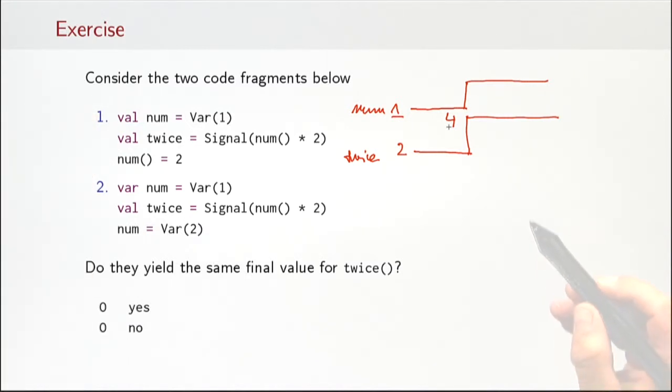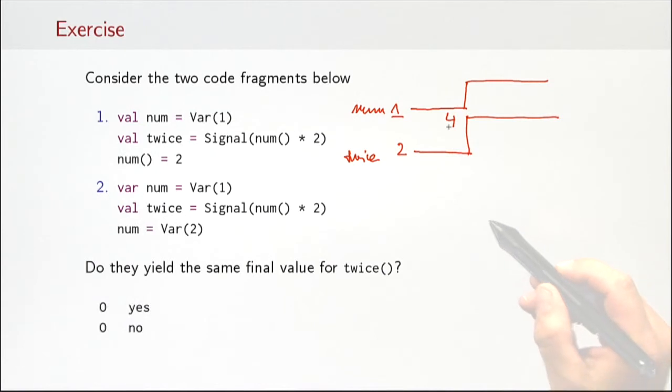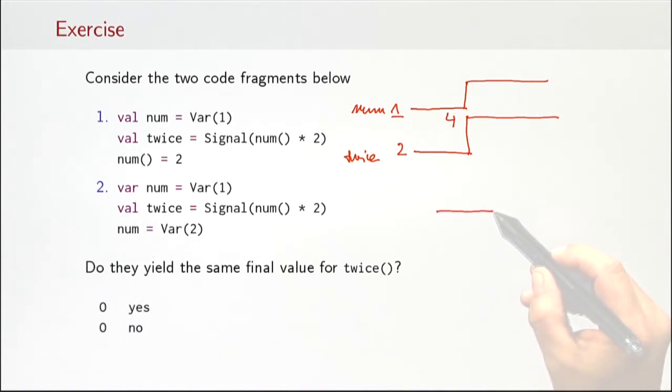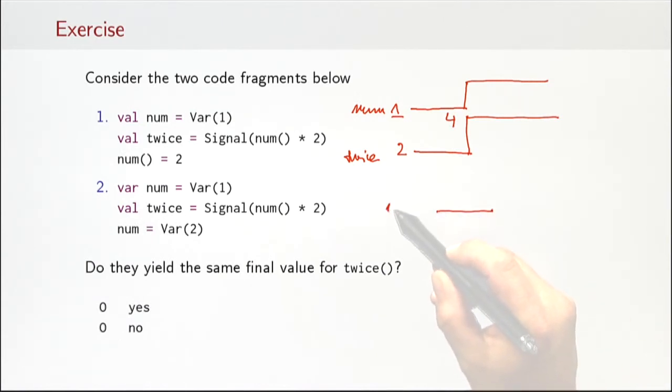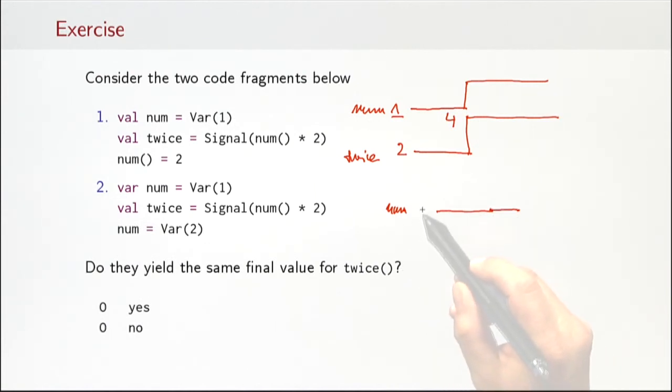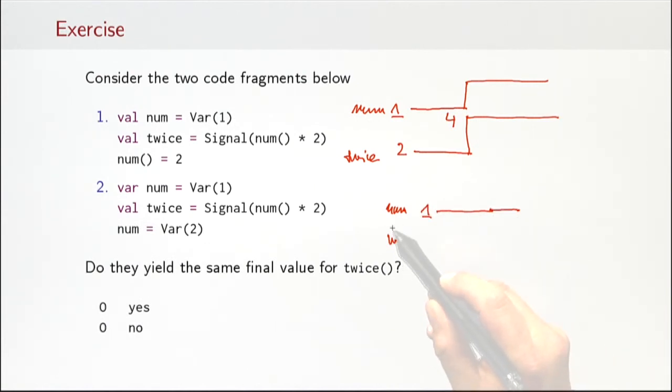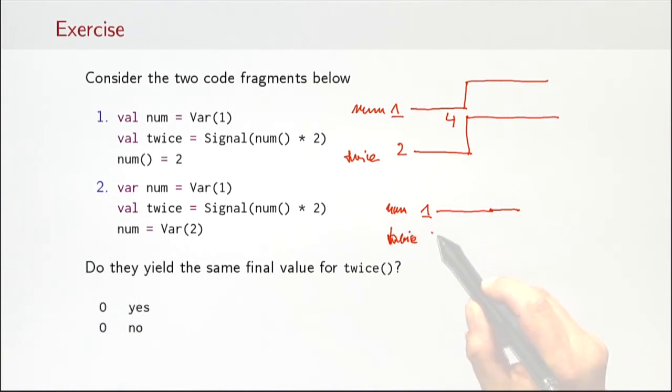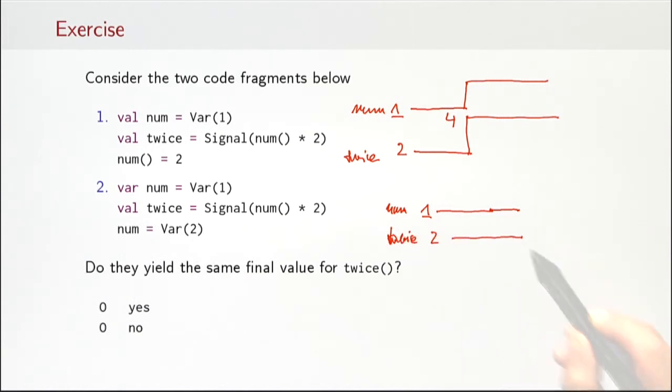Let's have a look at the second one. So again, I have num equals var1, and twice is 2. But what I do now is I define a new signal num and assign it to the variable.